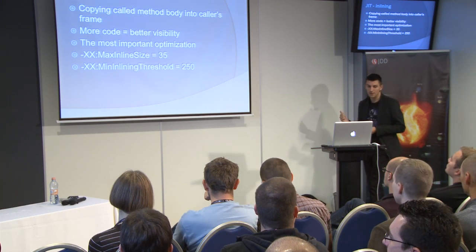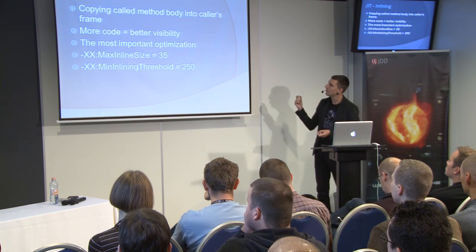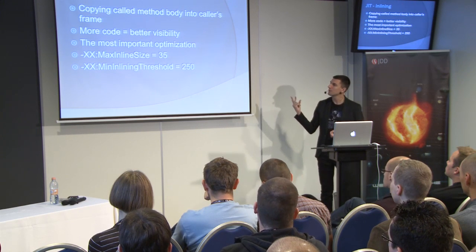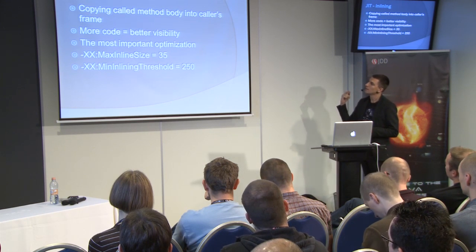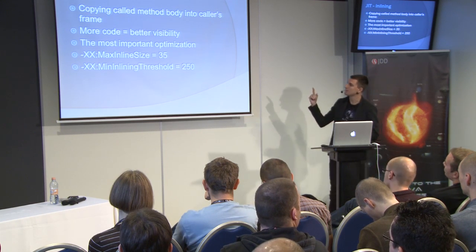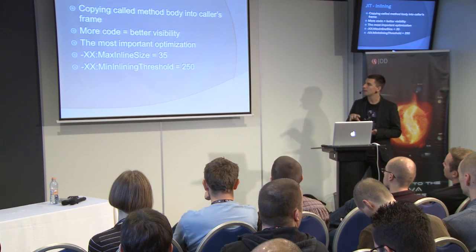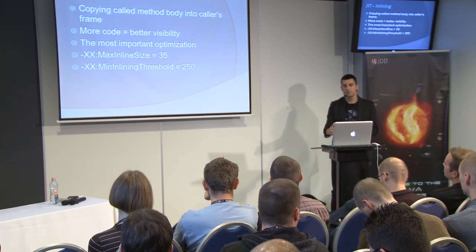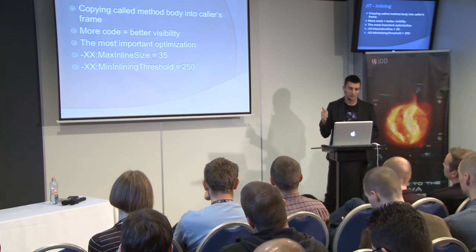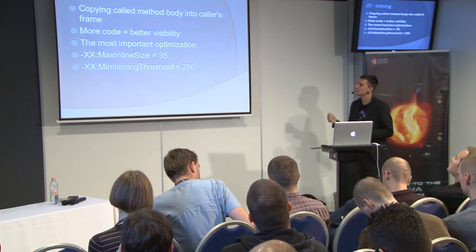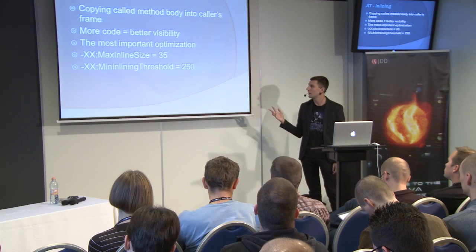Another important thing is that we have two important JVM flags in reference to inlining. Max inline size is the maximum size of the bytecode of the method we want to inline. It's too small by default, and in production it's good to change it to about 100.